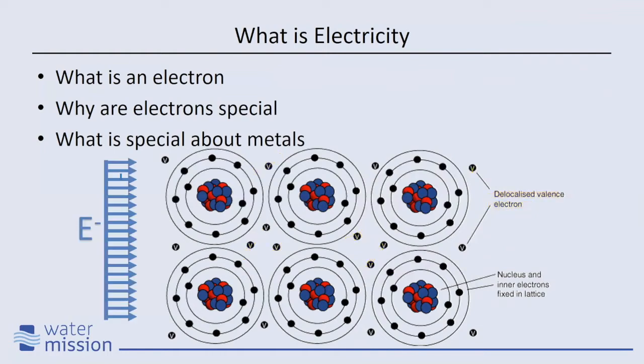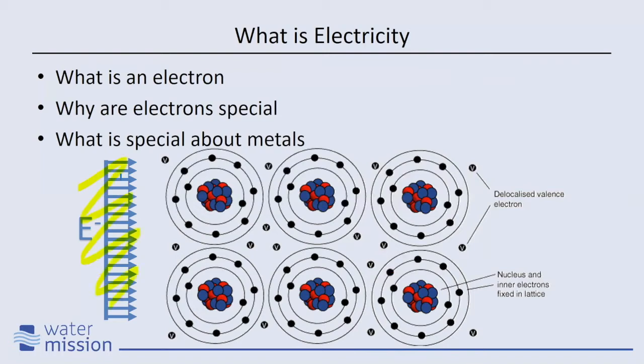Now, if we were to apply an electrical pressure over here to these electrons, examples of applying an electrical pressure could be a solar panel, an alternator from a generator, a battery, or a connection to the national power grid. That creates pressure on these electrons.